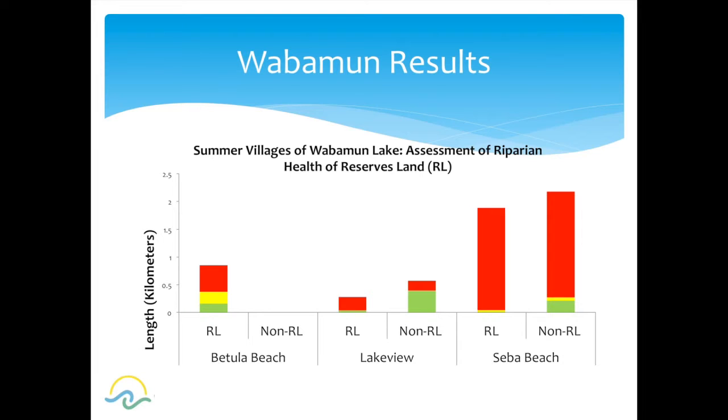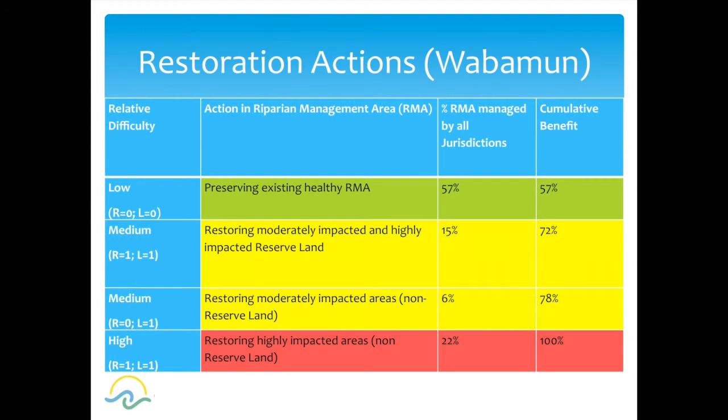So if we take this information to these jurisdictions and ask them for action, what would we recommend? We put this slide together to summarize how difficult different sorts of actions would be based on the severity of the riparian impairment and the legal authority of the land managers to take action on that land.